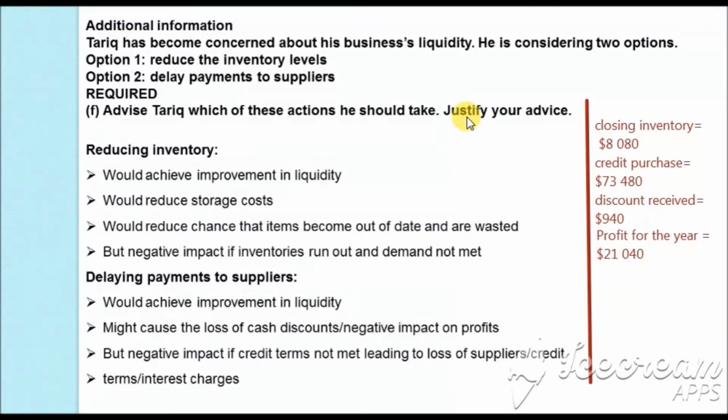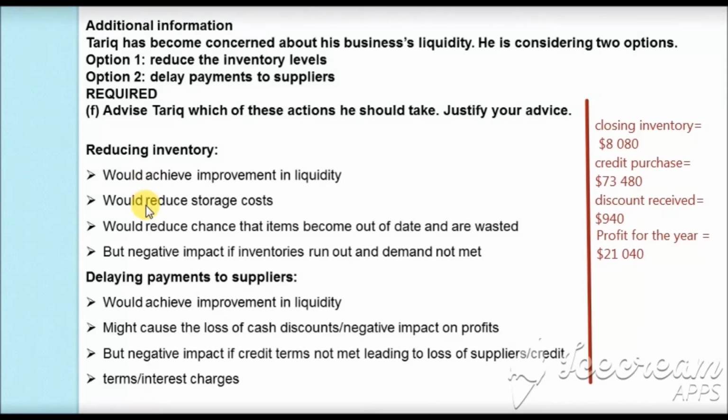I have mentioned both the options with pros and cons, and you can justify your answer based on these pros and cons. Here we have first option, which is to reduce inventory. When he reduces inventory, naturally the money will not be tied up in the form of raw materials, so he will have more cash available, thus it will improve the liquidity in the business.